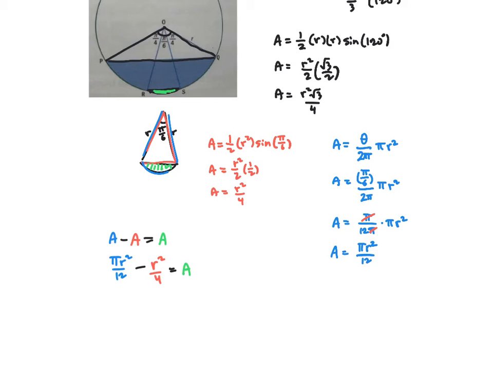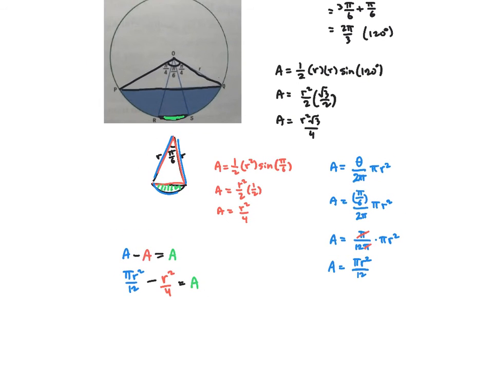Okay, so if I want the original blue shaded region, I'm going to take the area of the sector and subtract those two areas. Let's just do this one in yellow. I'm going to take the area of the whole sector, which would be 2 pi over 3 over 2 pi times pi times r squared.